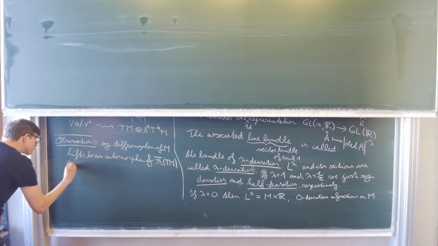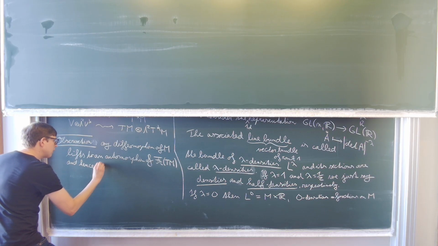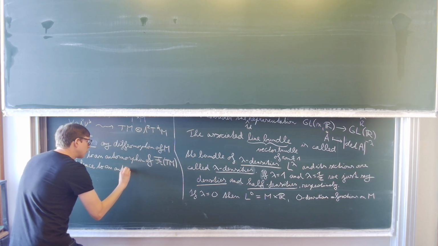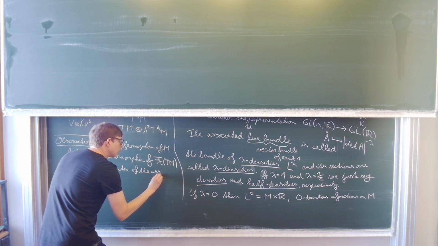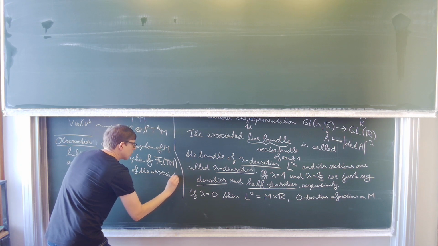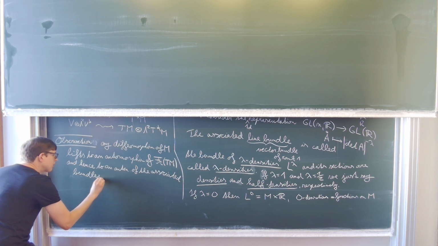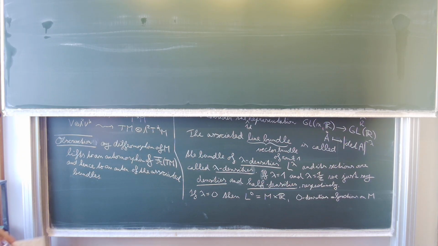And hence, this leads to an associated bundle, and hence to an automorphism of the associated bundles. In particular, this recovers the known Lie derivative for tensor fields, but you also get Lie derivatives of half densities.